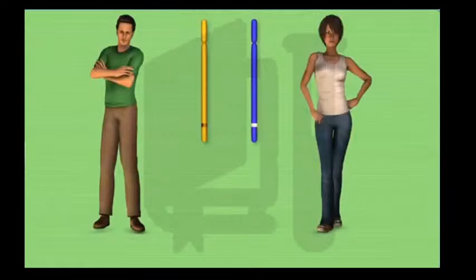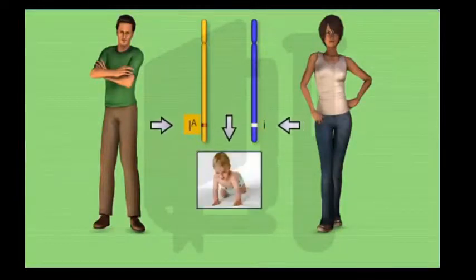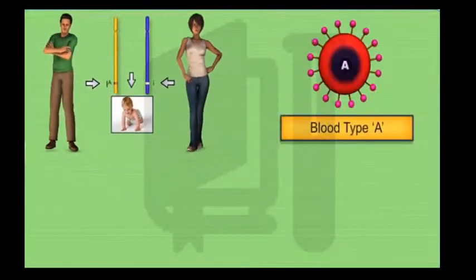Therefore, if the allele from one of the parents is capital IA and from the other is small i, only capital IA is expressed in the offspring, as small i does not produce any sugar. In this case, the RBCs have only type A sugar in them.